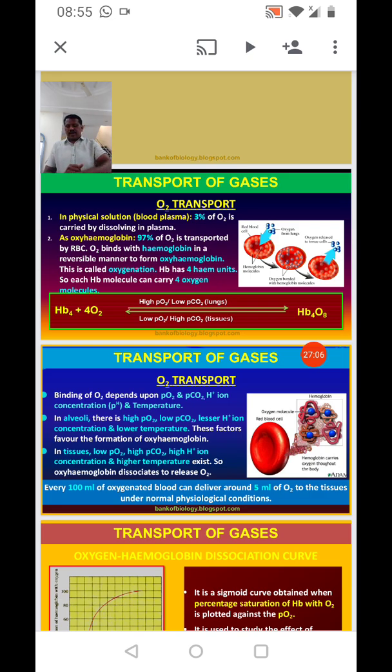Already told you, at 100 millimeters of Hg, hemoglobin is 97% saturated. But at the tissues where the partial pressure of oxygen is 40 millimeters Hg, there the hemoglobin is 75% saturated.